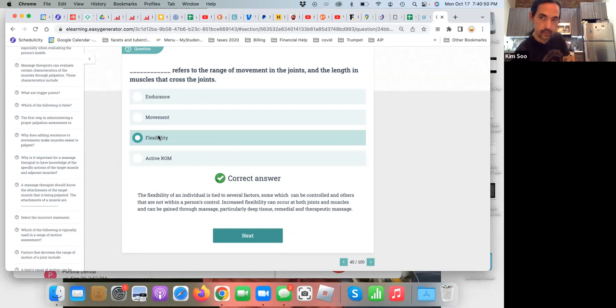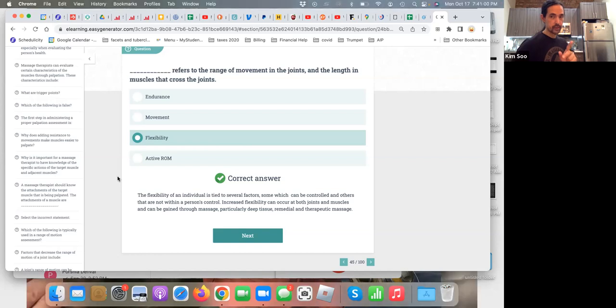Larissa? One more try and then we have to move on. Now, can you explain it back to me? The difference between, just start with describing range of motion and flexibility. So just start with range of motion. What is range of motion? Range of motion is only found in the joint, not in the soft tissues.